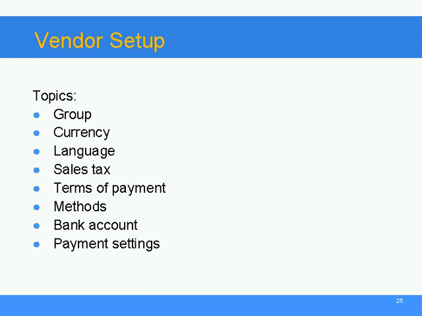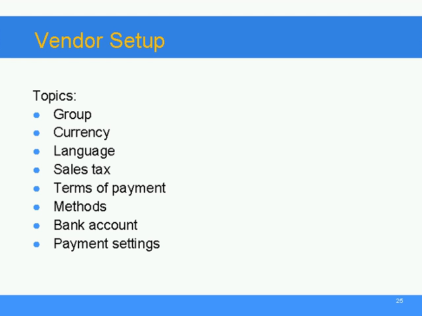The mandatory fields for vendor are group, currency, language, and optional and recommended to set up for vendor sales tax, term of payment, methods, bank account, payment settings, and other information. And this information will appear on sales and purchase order and on payment journal.